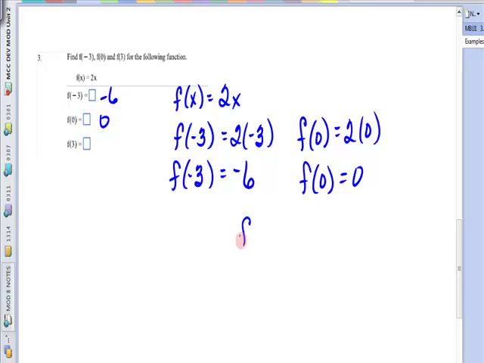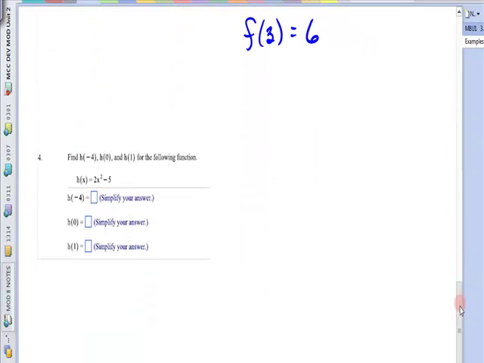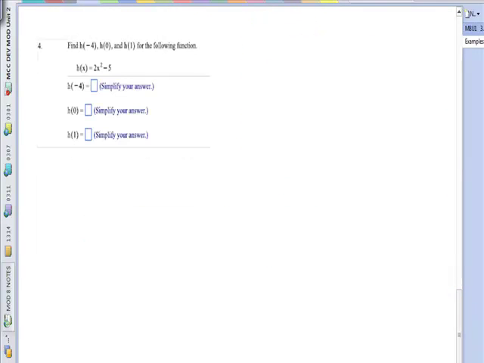Last one, f of 3 is 2 times 3. f of 3 is 6. So the function might be very easy to evaluate. And our final one, they changed the name to h of x. h of x is 2x squared minus 5.